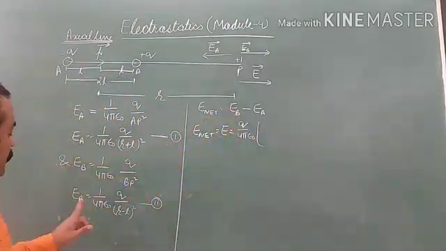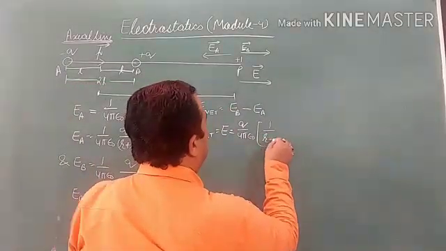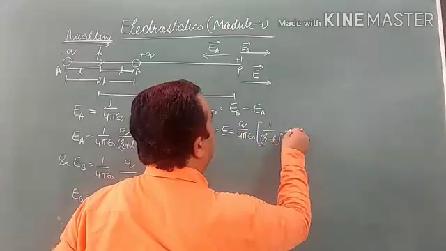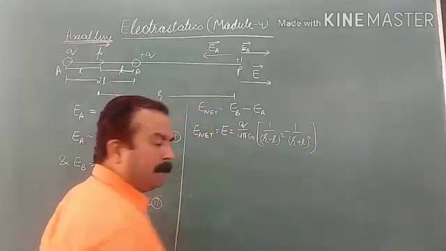B's value comes first, so you write 1 upon (R minus L) whole square minus 1 upon (R plus L) whole square.